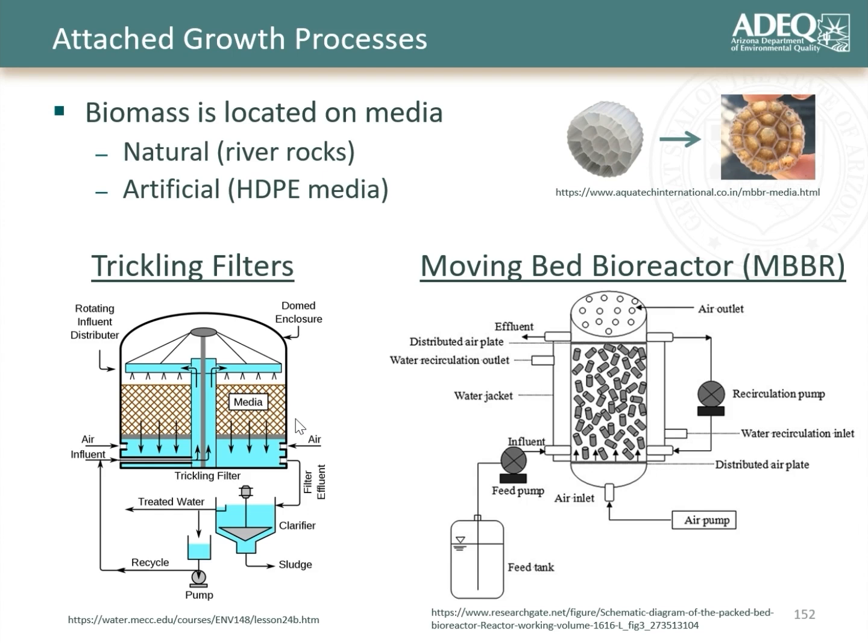In this situation, the wastewater flows over or around this media, and the bacteria grow on that surface rather than being suspended. These systems will typically have a clarifier to capture any solids that do leave the system, but overall, the main growth is no longer suspended in the water, but is attached to a media surface.